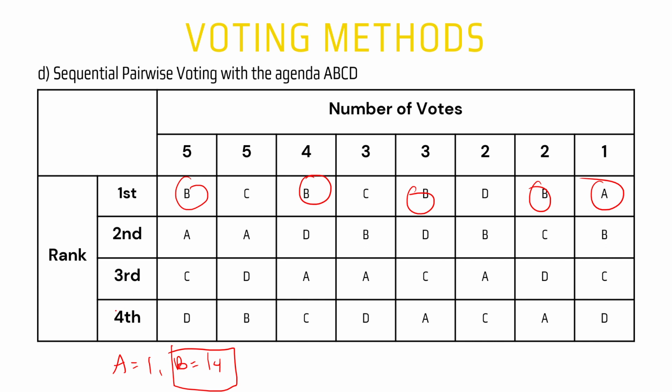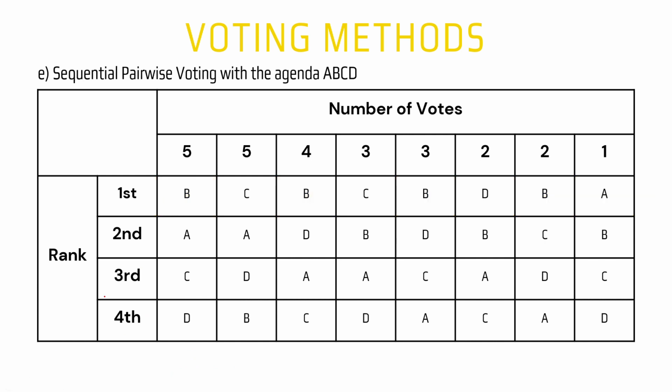So in A versus B, the winner is B. Next, B versus C. B has 14 as we have established earlier, and C has 5 plus 3, and that's all. So C has 8. So 14 versus 8, B is still the winner.